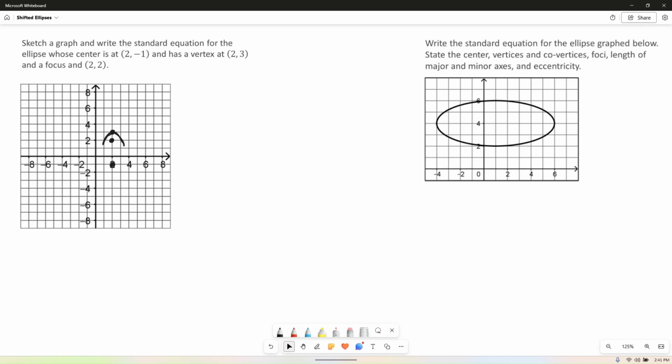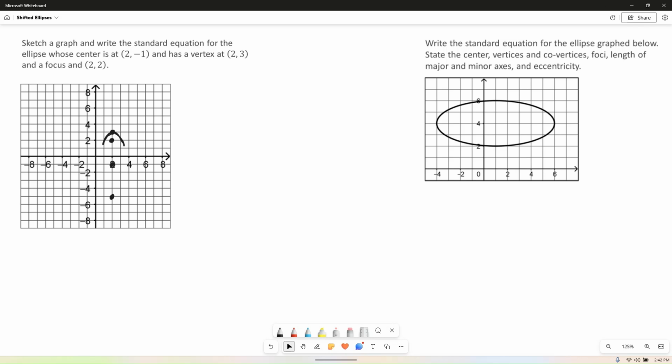From -1 to 3 is a distance of 4. So the other vertex is also 4 units from the center. Since the given vertex is above the center, the other vertex has to be 4 units below the center: 1, 2, 3, 4. So the other vertex has to be at (2, -5).